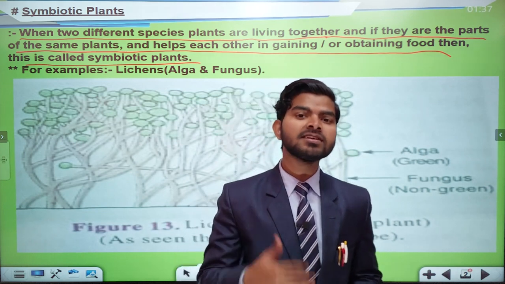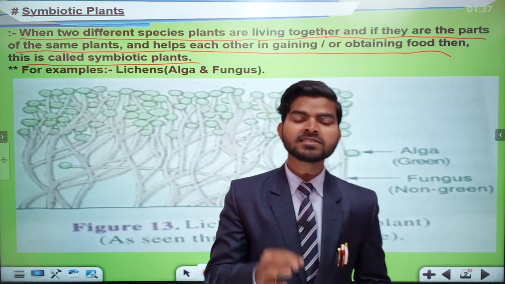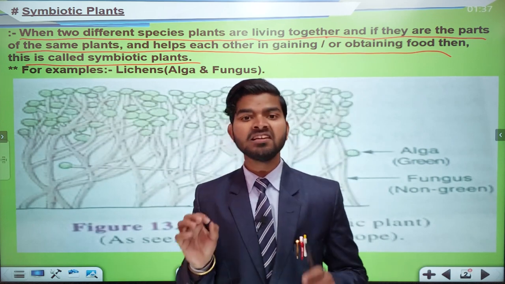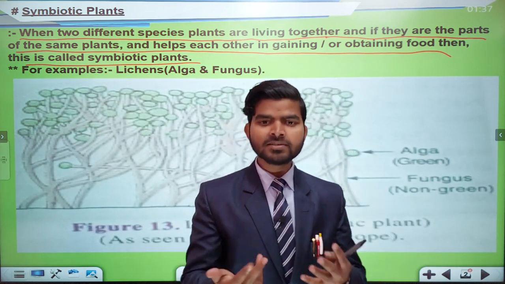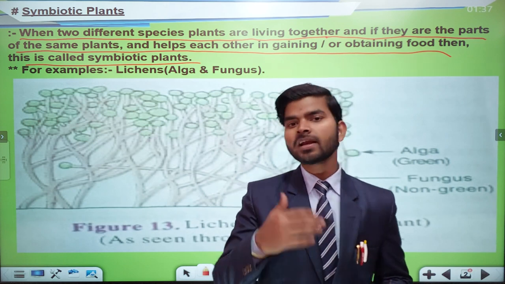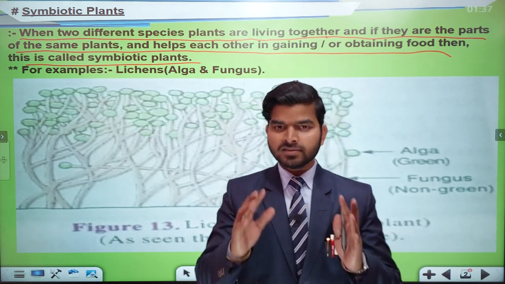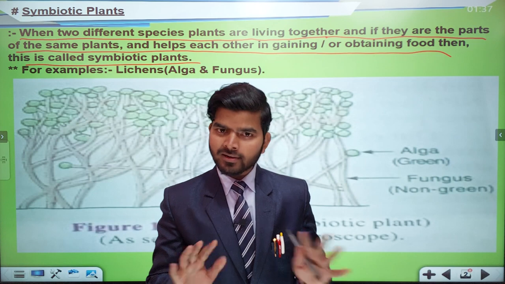If someone asks you for an example of symbiotic plants, simply say lichens. All clear?